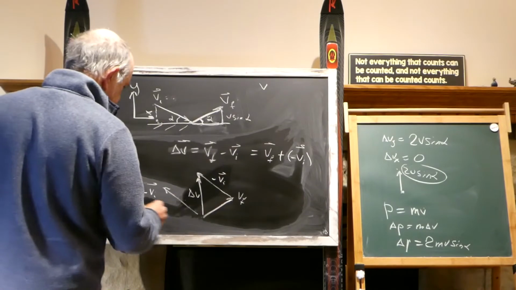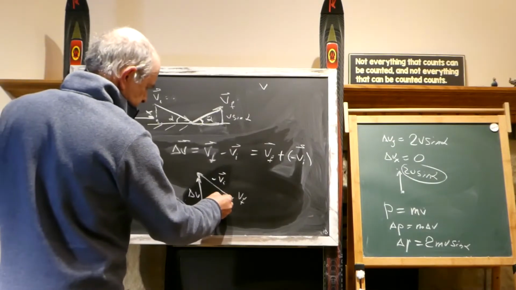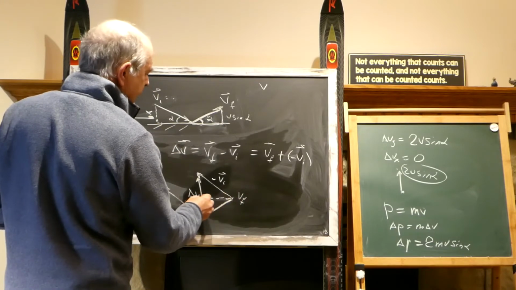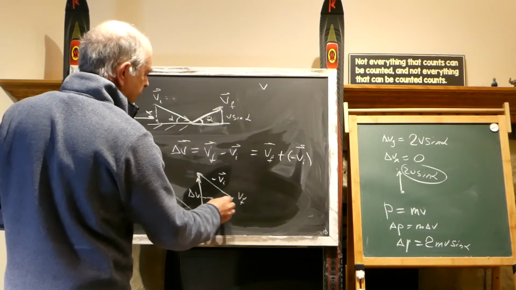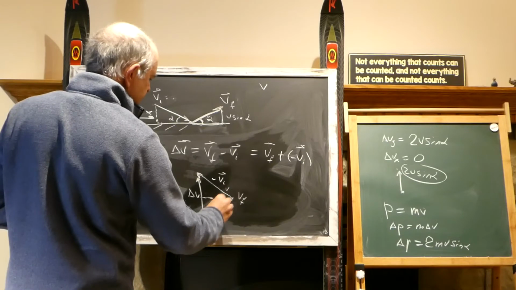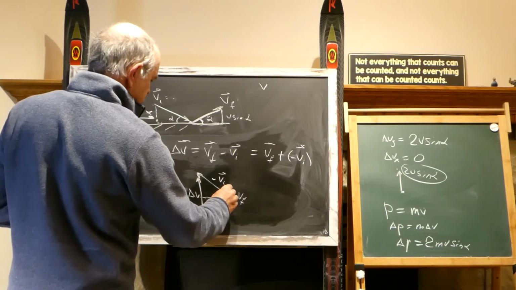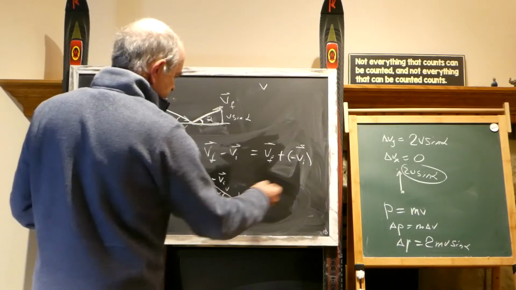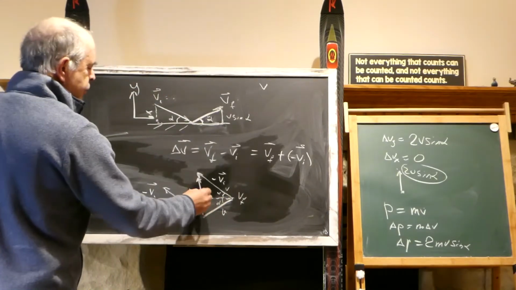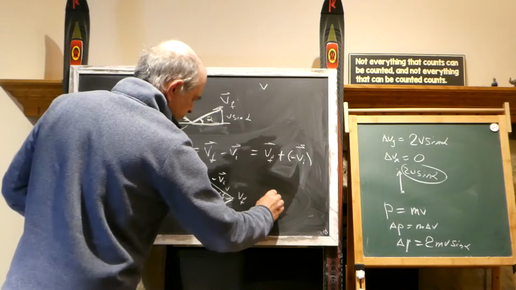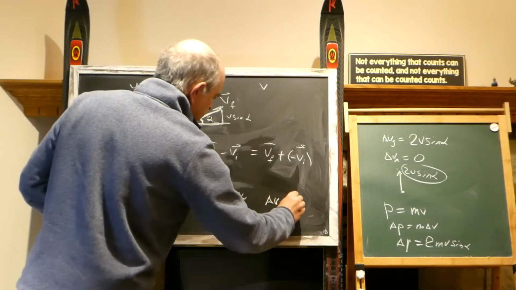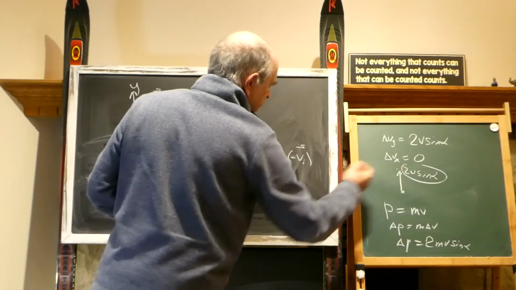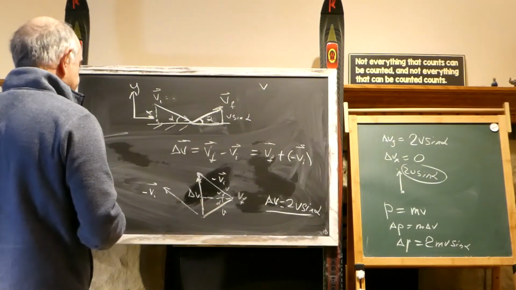And if I draw this line, it's a rectangular triangle, this is v, this is v, of course this is alpha, this would be v sine alpha, and this would be v sine alpha, so of course delta v from this picture would be 2v sine alpha, which is exactly what it is here, this vector.